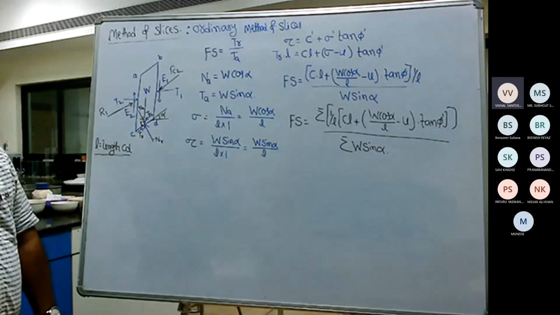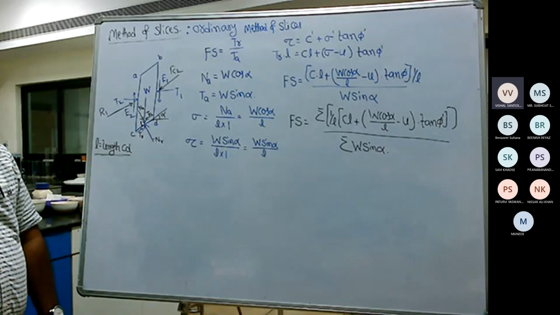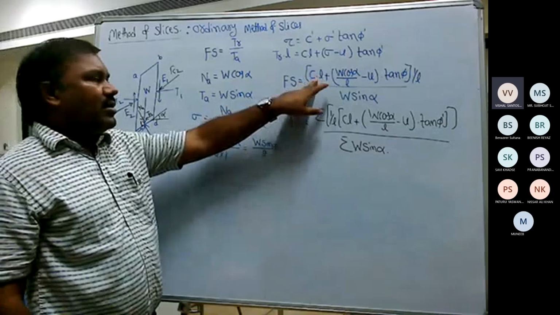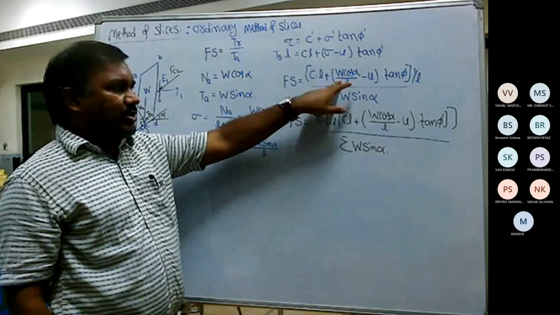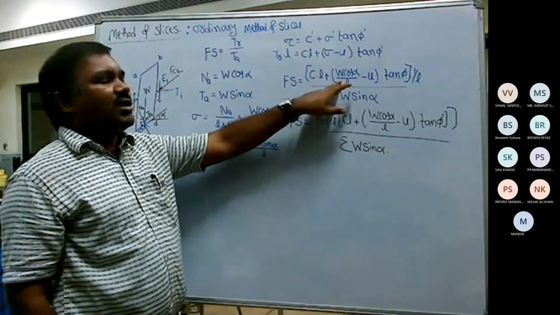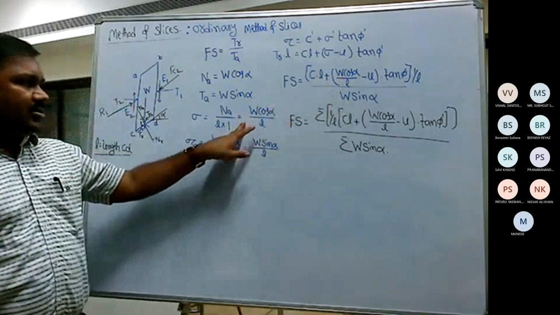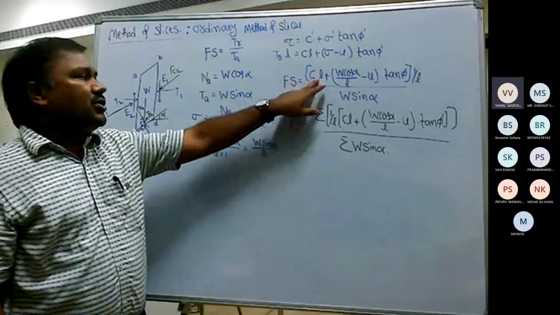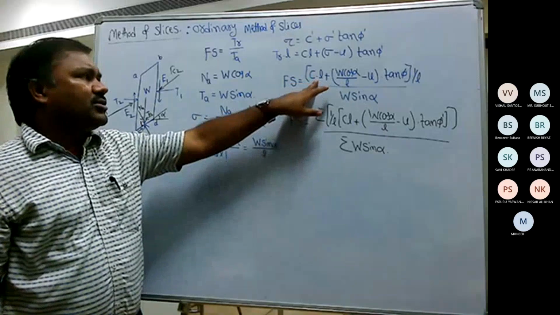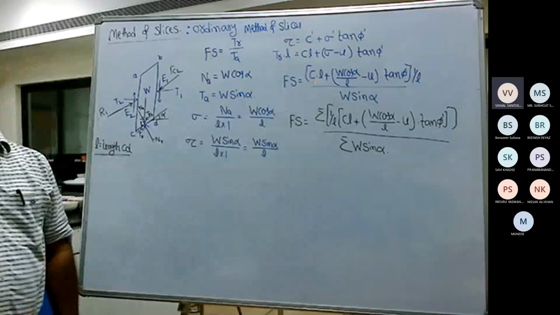And also, sir, W cos alpha by L is kilonewton per meter, but U is in kilopascal. How can we subtract that? No, this is directly a stress component. W cos alpha by L is a stress component, just like c and sigma. So here also you should take the stress component only, in kilopascal.